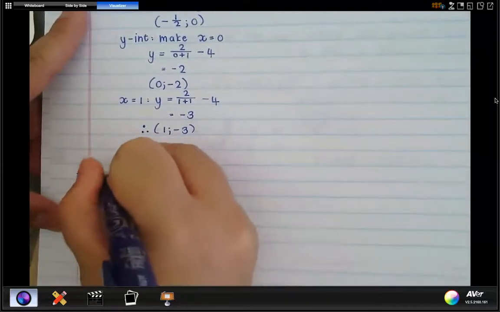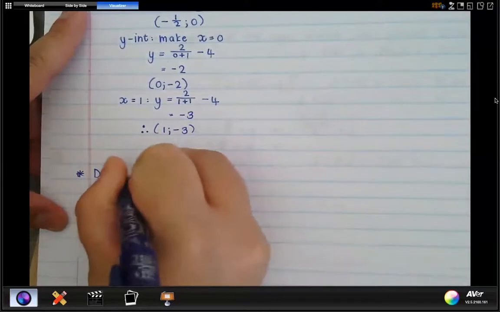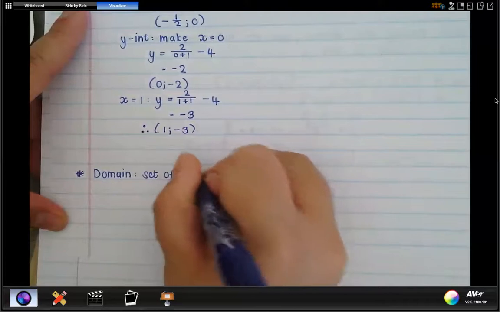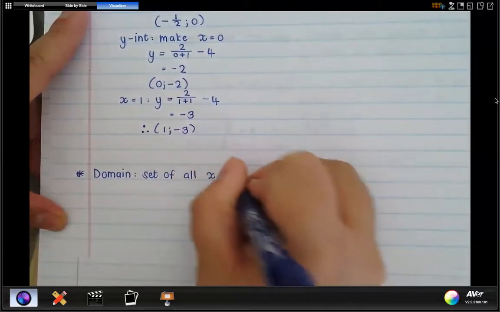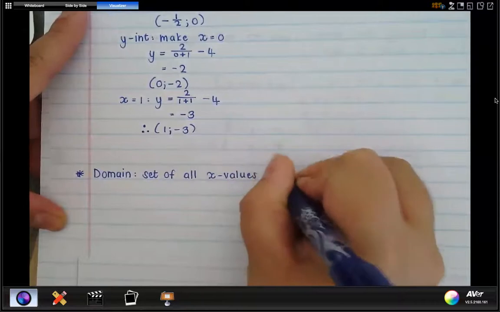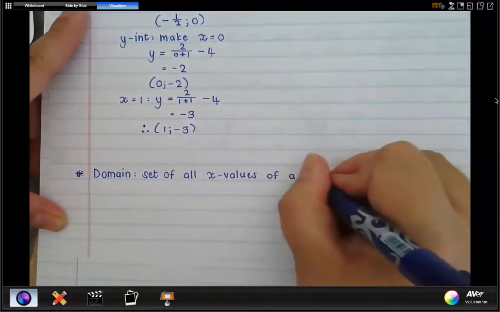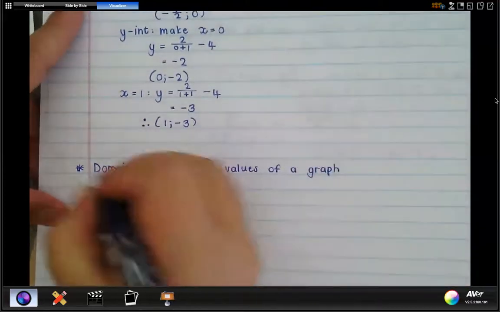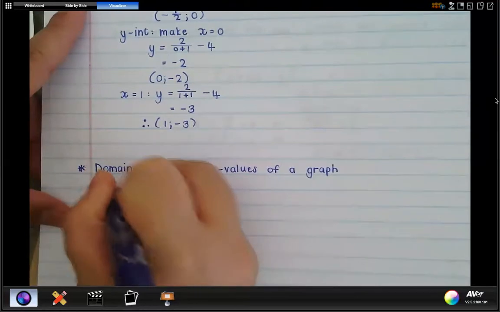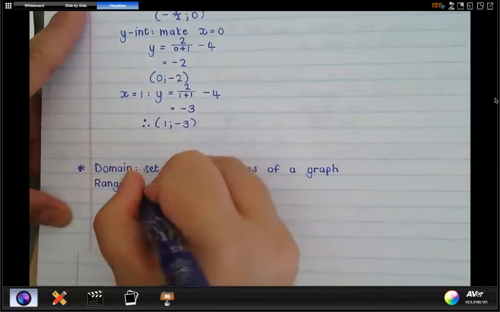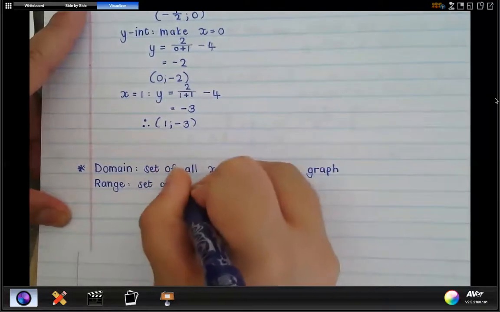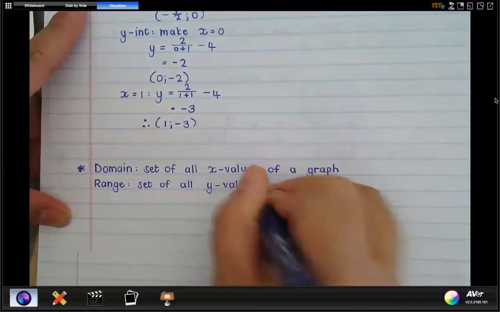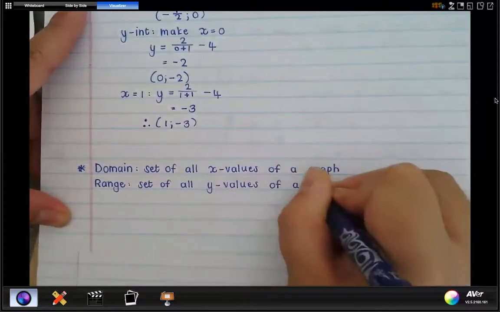Remember that the domain is the set of all x values of a graph, and then the range is the set of all y values of a graph.